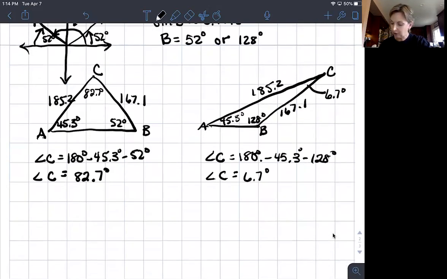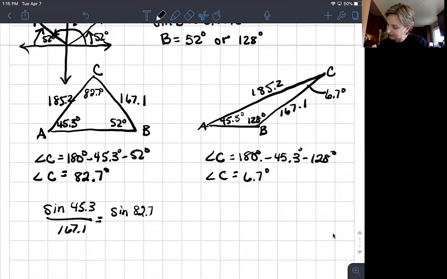And then to finish off the problem, you've got to find side C, right? So you pick one of the other two angle pairs, maybe A. You could use B, right? So I'll use sine A over side A. And then we're looking for C, so sine of angle C over side C. And then over here, you can do the same thing.